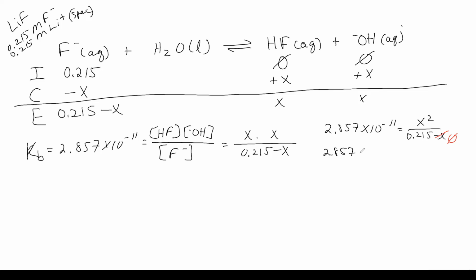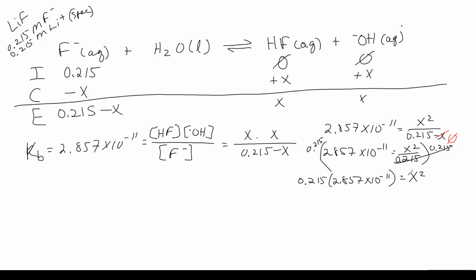2.857 times 10 to the negative 11 is equal to x squared over 0.215. Let's multiply both sides by 0.215. So now we end up with 0.215 times 2.857 times 10 to the negative 11 equals x squared.